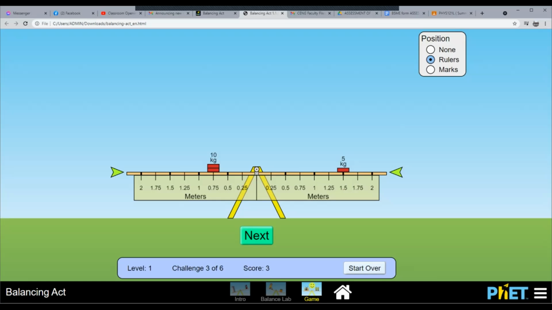Can you conclude? Okay. What can you conclude? Anyone who can make a conclusion? Anybody? Yung distance po nila ay nakaka-apekto po sa weight. Paki-rephrase mo kasi hindi naaapektuhan ng distance yung weight.